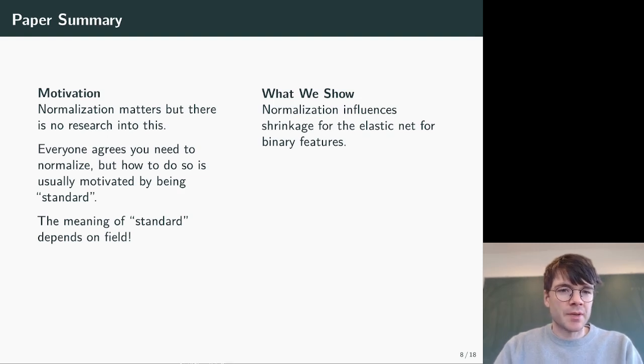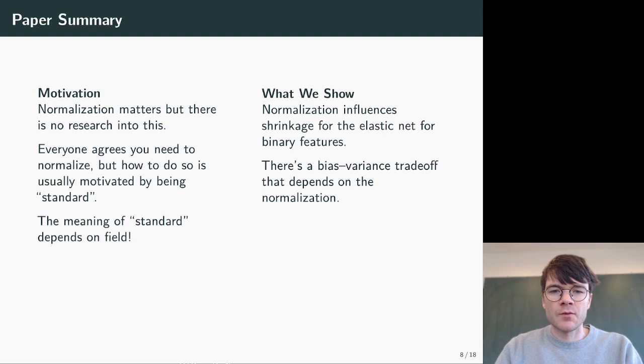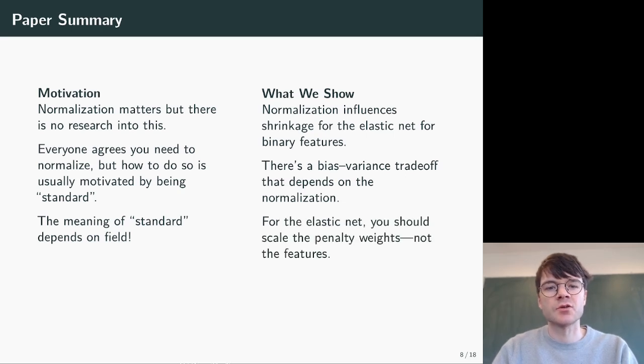What we show in our paper and what we study is how normalization influences shrinkage. We focus on the elastic net, which we've already introduced, and also on binary features. And we will show in our paper that there is a bias-variance trade-off that depends on normalization. So bias and variance in terms of the coefficient estimates, which means that you get an effect of normalization on how much shrinkage you get on your coefficients.